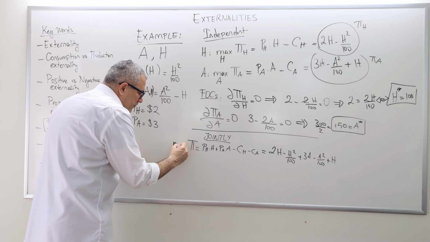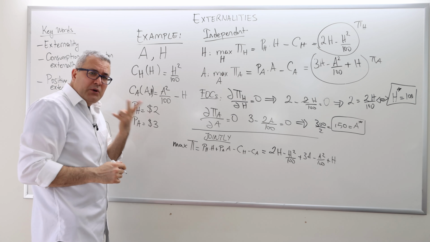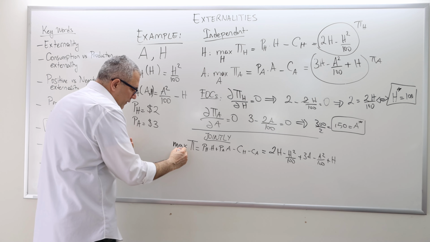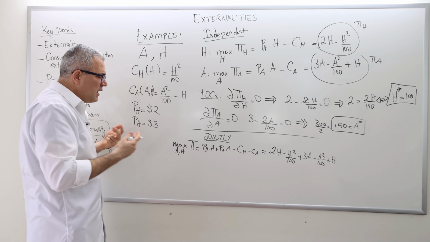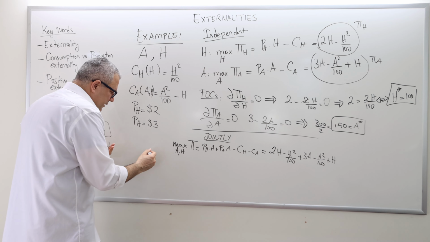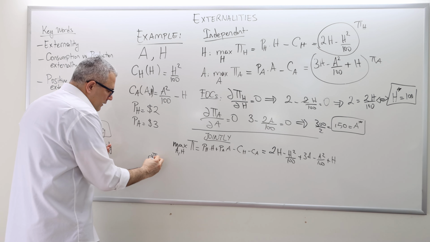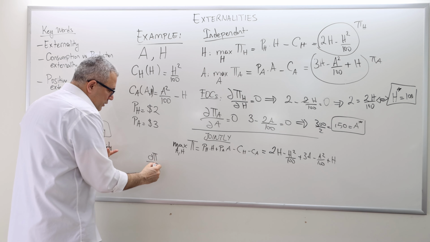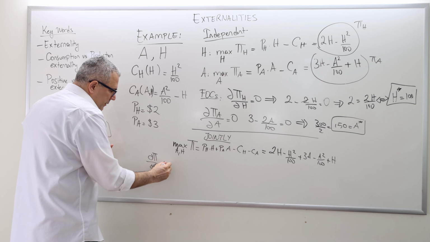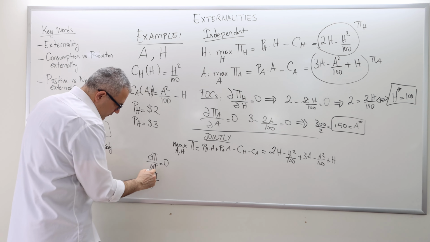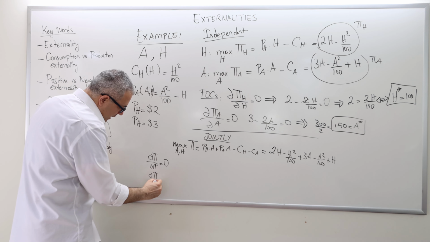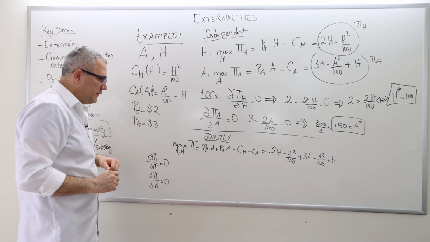Well, we are going to maximize this. There are 2 parameters to choose: the units of apples and the units of honey. So there are again 2 first order conditions. The first order condition number 1 is with respect to honey, and the first order condition with respect to apple is this.